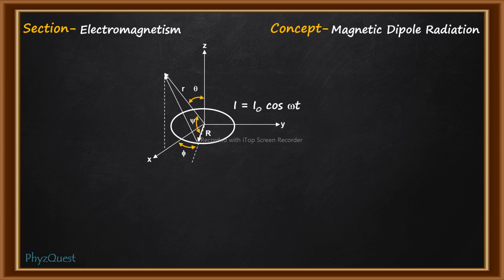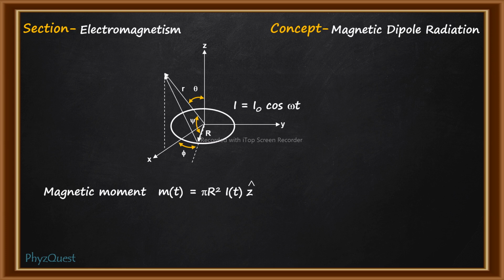As discussed in the previous question, where we discussed electric dipole radiation, magnetic dipoles also emit radiation. An AC current flowing through a loop acts as a magnetic dipole. First of all, the magnetic moment will be equal to pi r square I t z cap.